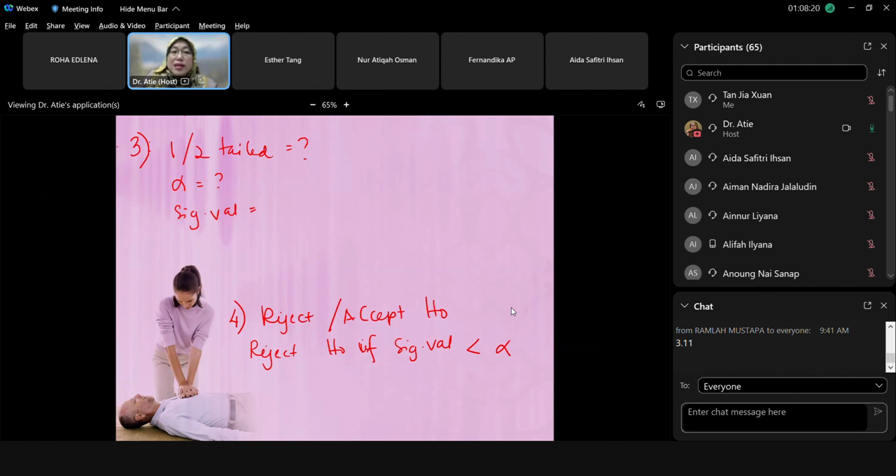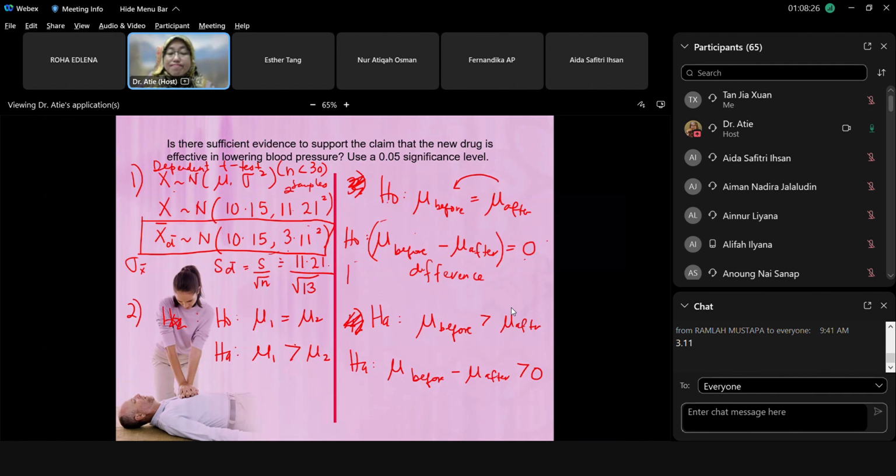So in our case, is it a 1 or 2 tail test? Anyone? How do we decide which tail to use? One, why one?